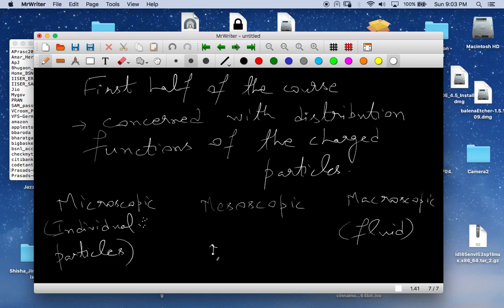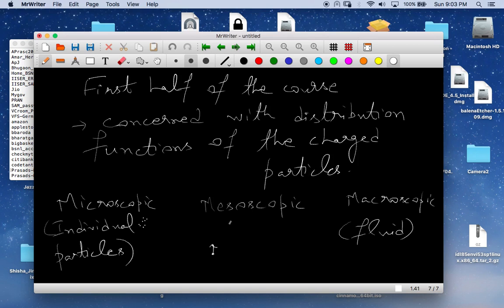So what we will be doing for most part in the first half of the course is adopting an in-between description that's neither so small scale as to focus on each individual particle, but also not so large scale as to focus only on the mean properties of an aggregate of particles, such as density, velocity, and things like this.